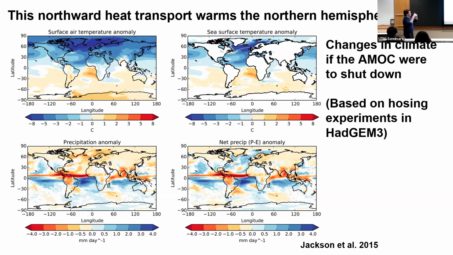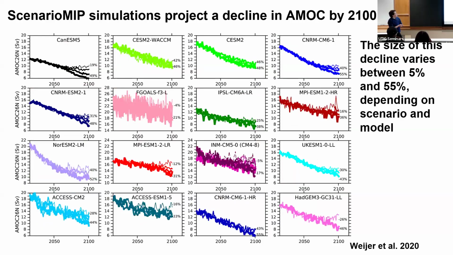So these are some motivations for why we should care about this. We don't know exactly how fast the AMOC is going to slow down or shut down, but based on the simulations that we have from CMIP6, we think the size of the decline is going to be somewhere between 5% and 55%, which is a huge range.